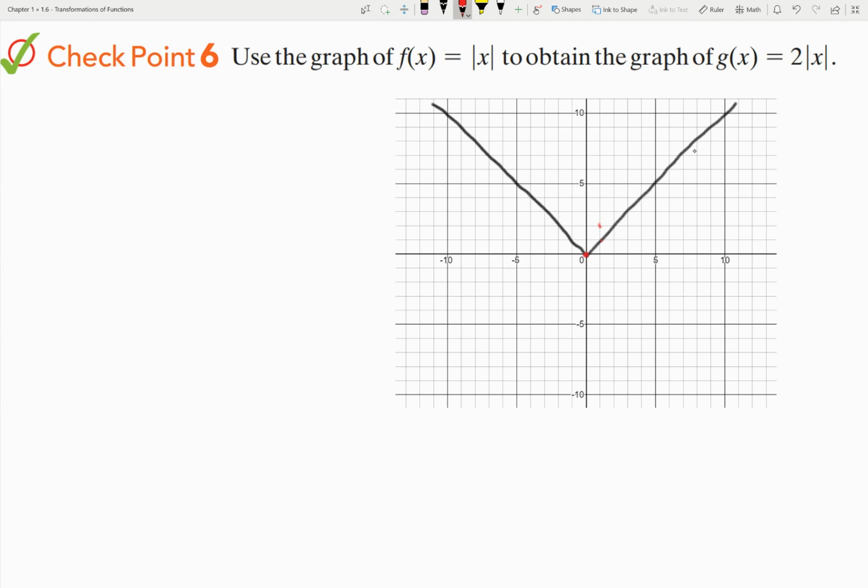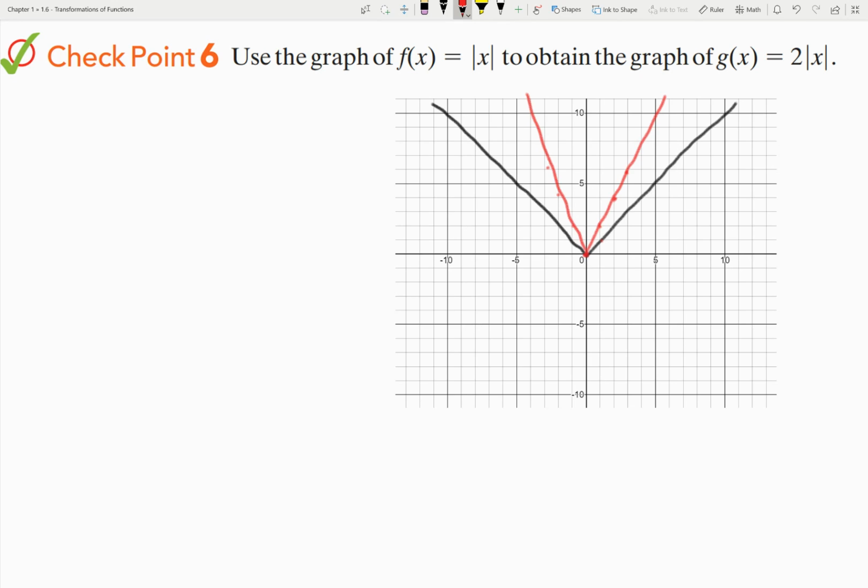This one was 2, 2. It now turns into 4. This one was 3. It now turns into 6. Every point gets multiplied by a factor of 2. And in fact, the slope of this line is now a 2. And then the slope of this line is, again, the opposite, which would be -2.